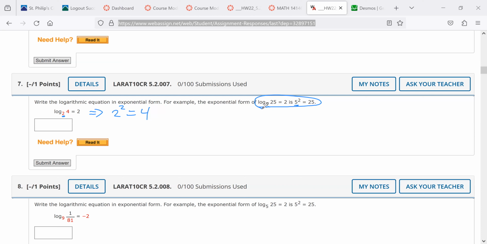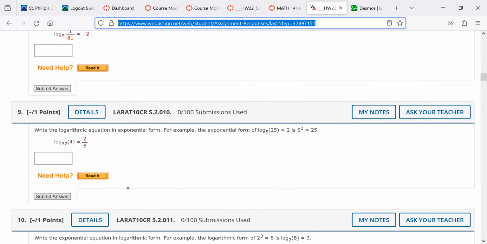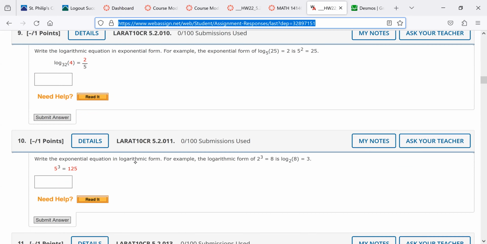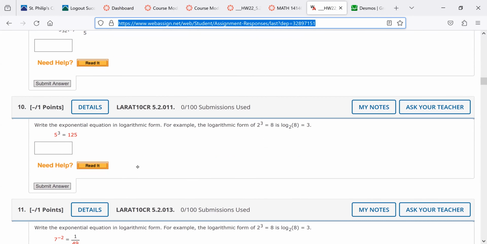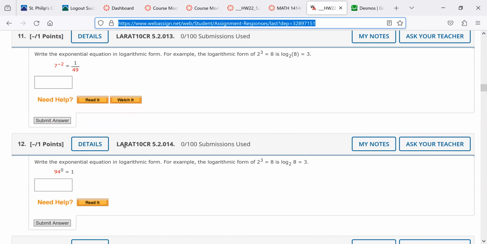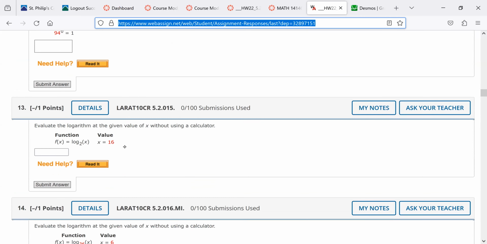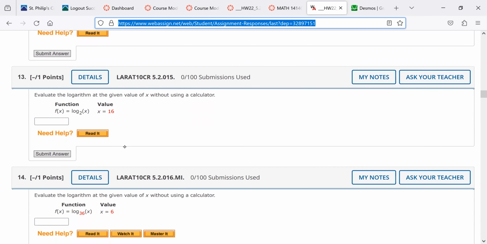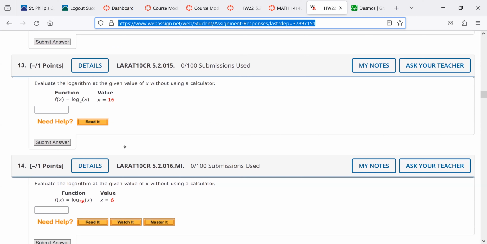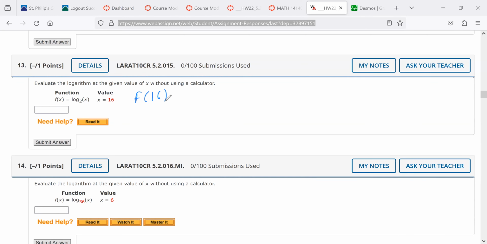All right. Let's move on to something else. Eventually you start solving equations. So let's find those. I could do 13, I guess. Without using a calculator, plug in 16.